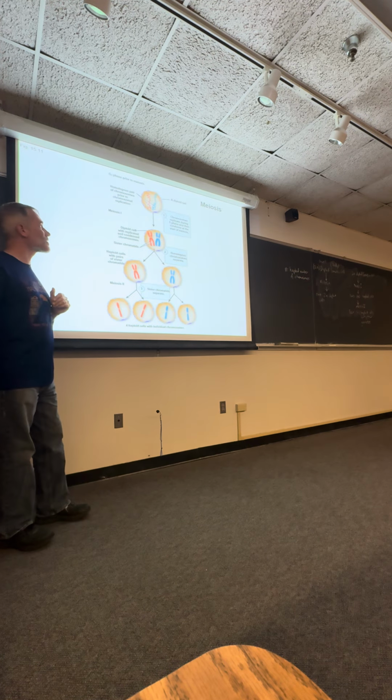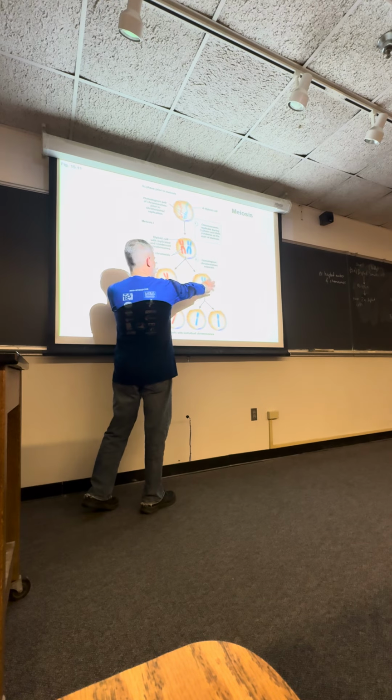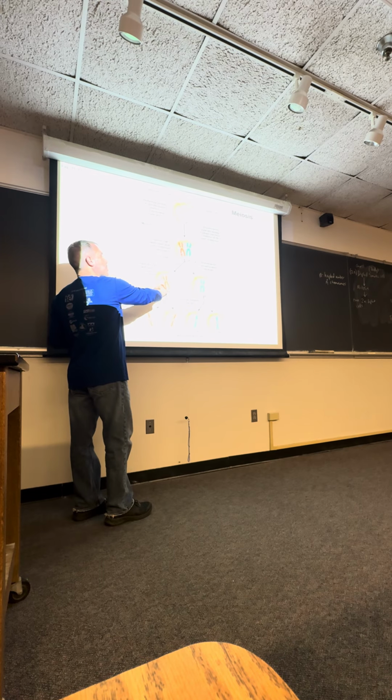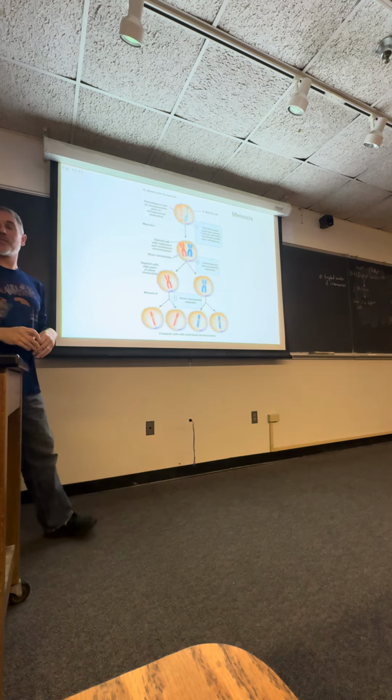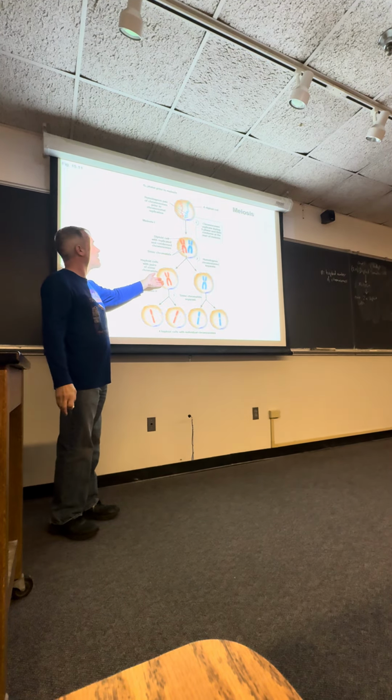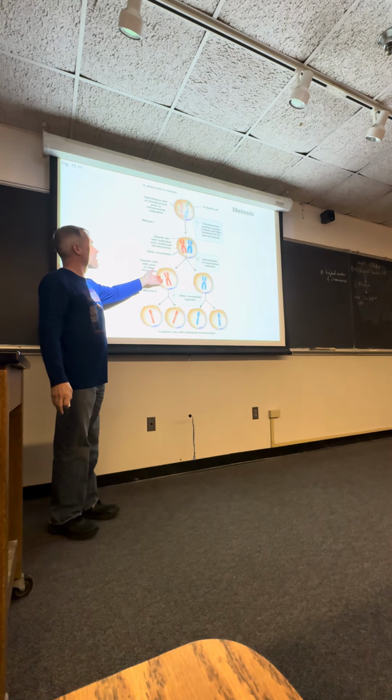They then go through the first division to produce 2 daughter cells, but the sister chromatids stay together. In mitosis, the sister chromatids separate and we're done. But here the sister chromatids stay together, and then they go through a second meiosis, the sister chromatids split, and we end up with 4 haploid cells, and those are going to be either the sperm or the egg. So a little bit different.